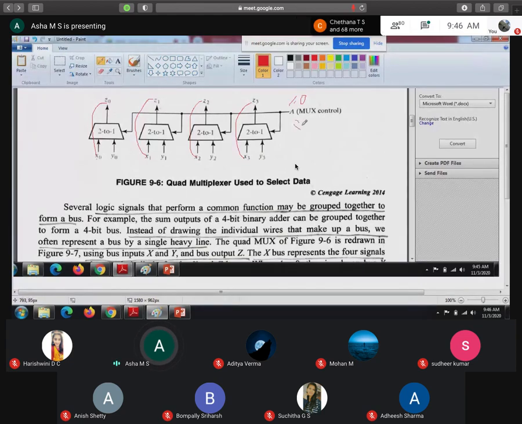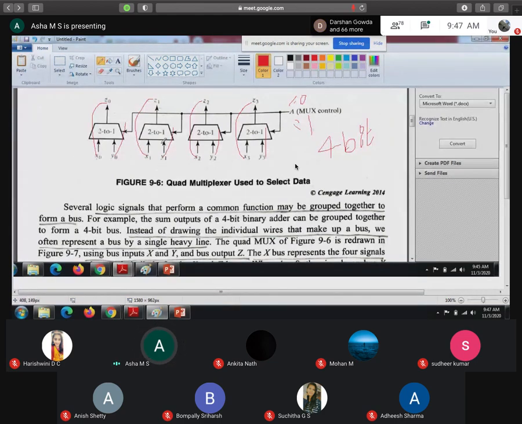Similarly, when a equal to 1, y0, y1, y2, y3 will be reflected at z0 to z3. At a time I will have a 4-bit output, either x0, x1, x2, x3 or y0, y1, y2, y3. Now, these are the input signals, correct, right?